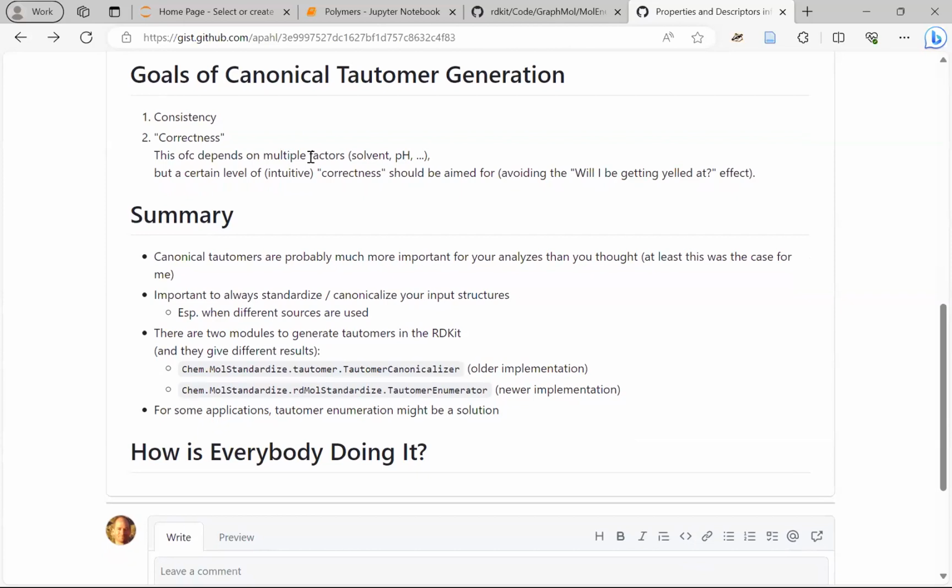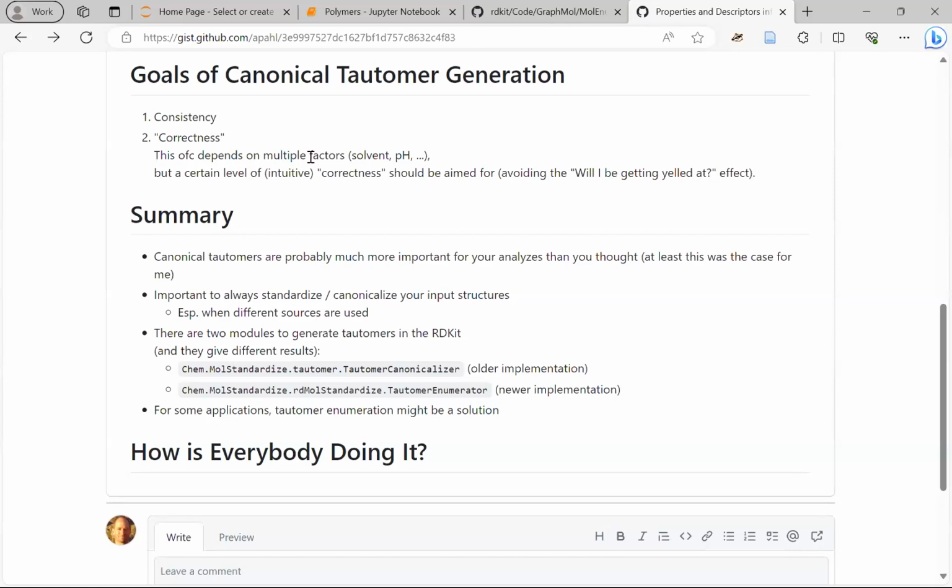The correctness depends, of course, on different factors like the solvent and also the pH in which the structure is to be considered. But my expectation or my hope would be that a certain level of, let's call it, intuitive correctness should be provided by the canonical tautomer generation, if that is possible.